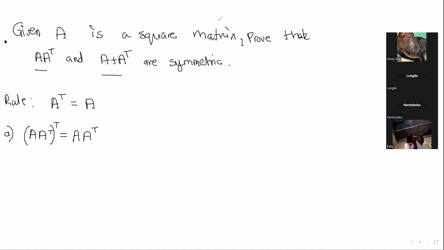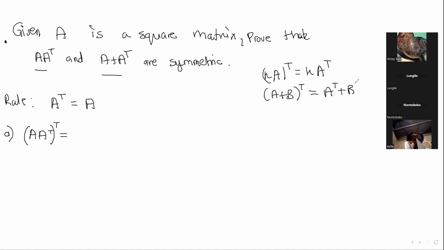So I'm just gonna erase this. Yesterday, remember those rules that I showed you: when you have (KA)T, we have K(AT). And when we have (A plus B)T, then it is AT plus BT.